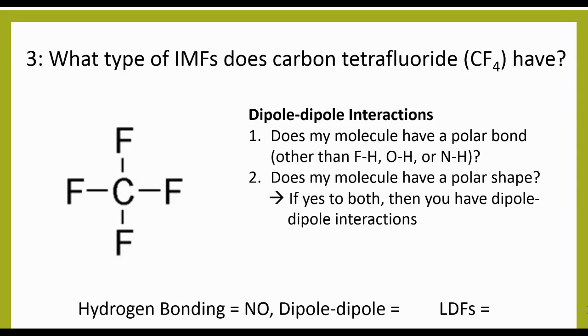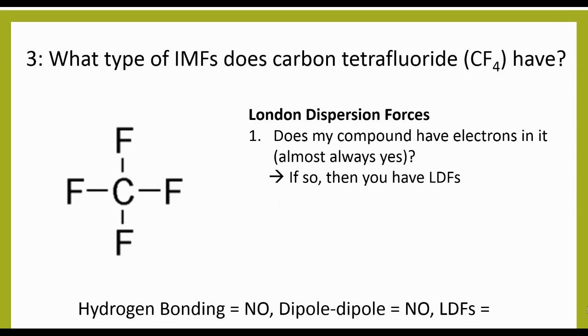So no. My molecule has a polar bond, but it does not have a polar shape, so it's not a polar molecule. Because of that, I do not have dipole-dipole interactions. And then finally, LDFs. Does my compound have electrons? Yep. So LDFs are a go.